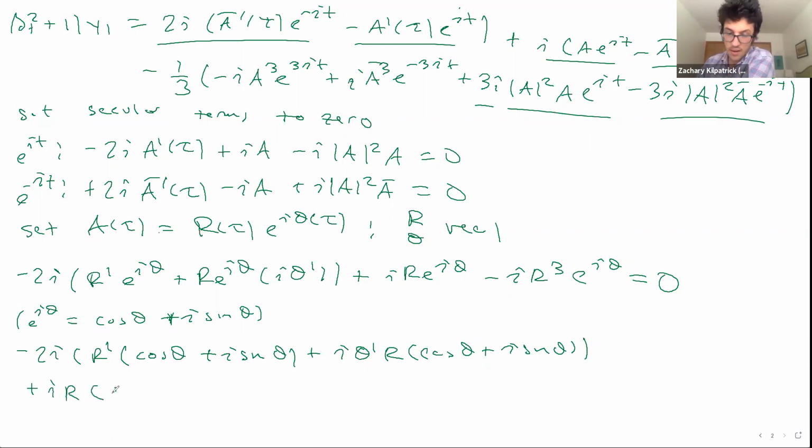Okay, and now plus i r (cosine theta plus i sine theta) minus i r cubed (cosine theta plus i sine theta).